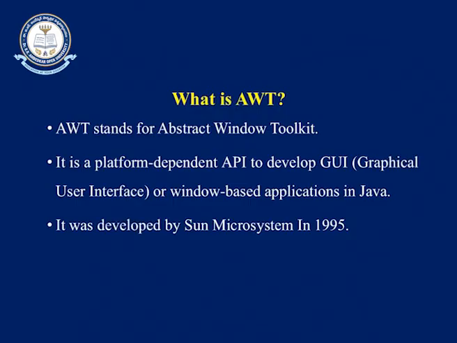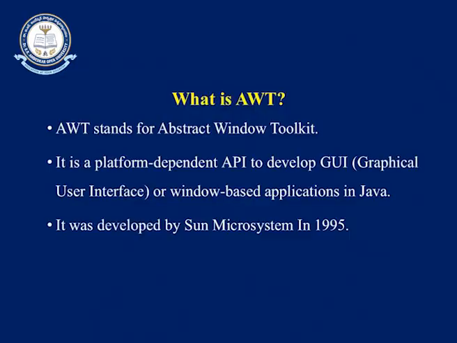This is one of the APIs, Application Programming Interface, where an API is nothing but a collection of classes and interfaces. With the help of those classes and interfaces, we can create different types of graphical user interface elements like menus, buttons and so on. This AWT was developed by Sun Microsystems in the year 1995.